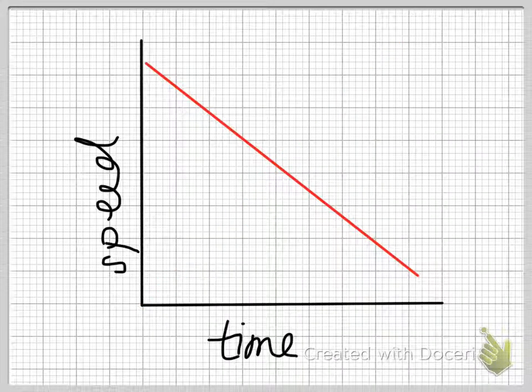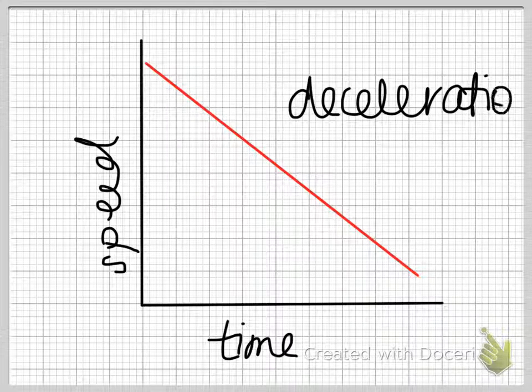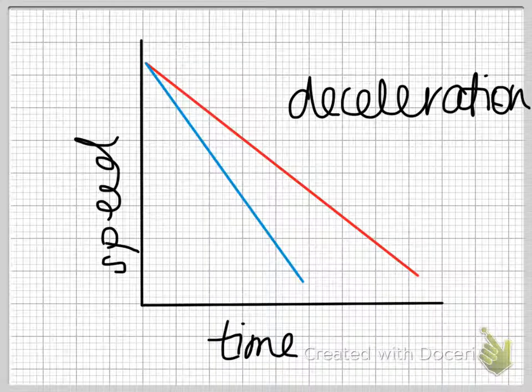And then when you have a downward sloping line, this means that we have deceleration. And again, like the distance-time graphs, the steeper the line, the greater the acceleration or the deceleration.